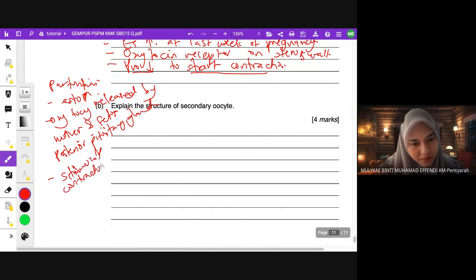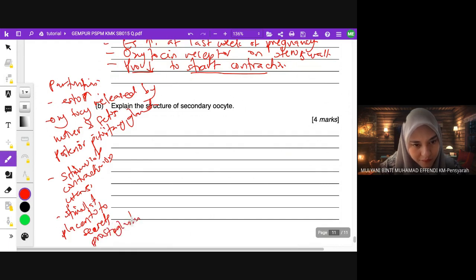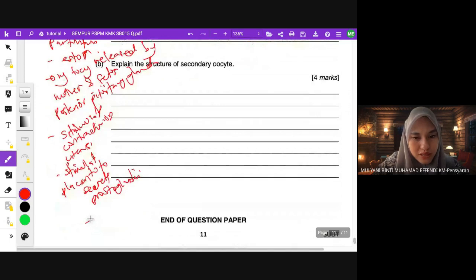Lepas tu stimulate contraction on uterus. Okay, lepas tu yang contraction ni akan stimulate placenta to secrete apa? Prostaglandin. Okay, so increase contraction, okay, by positive feedback.